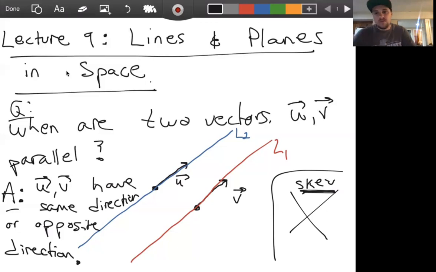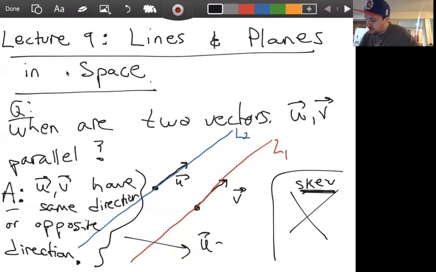Well, for two vectors to have the same or opposite direction, one has to be a scalar multiple of the other. So what this means is that u equals k times v for some k in the real numbers.